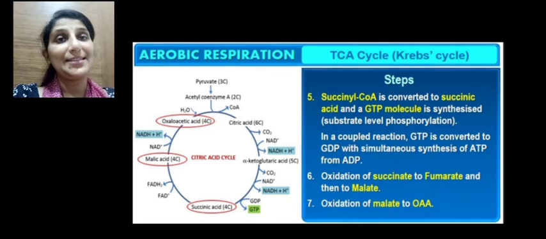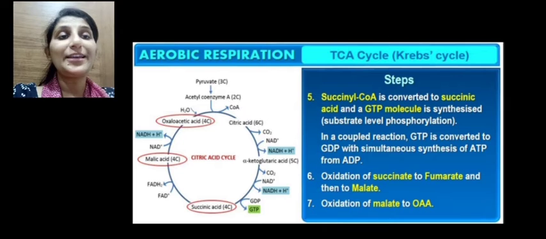The citric acid undergoes isomerization to form isocitrate, and this isocitrate undergoes decarboxylation along with the reduction of NAD plus to NADH plus H plus to form a 5-carbon atom alpha ketoglutaric acid, with the release of 1 carbon dioxide.